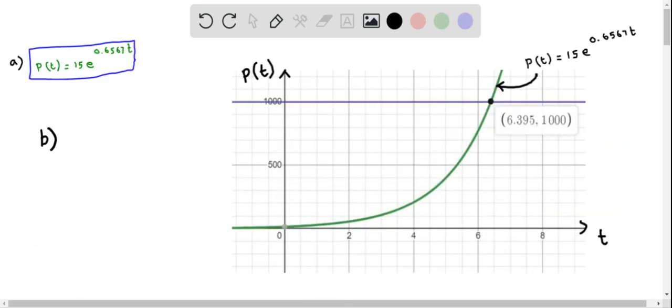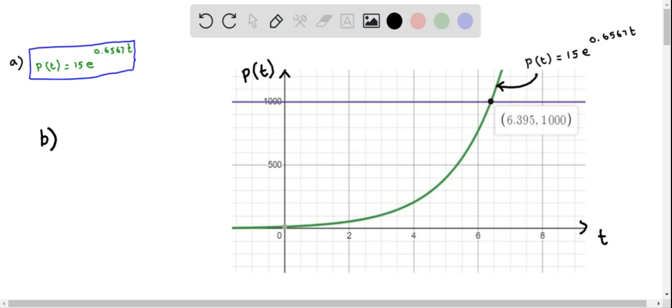In part B, we determine the time it takes for the rabbits to grow to 1000 rabbits. So using this graph of the population, the vertical axis is P of t, and the horizontal axis is the time axis.